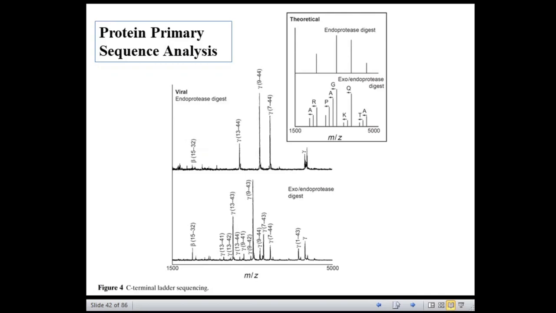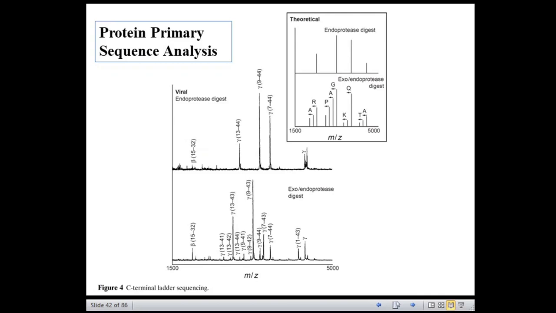So this method further increases the possibility of a database giving you a match, because you have a sequence of about 1 to 12 amino acids, so that valuable information of a partial sequence tag is obtained.